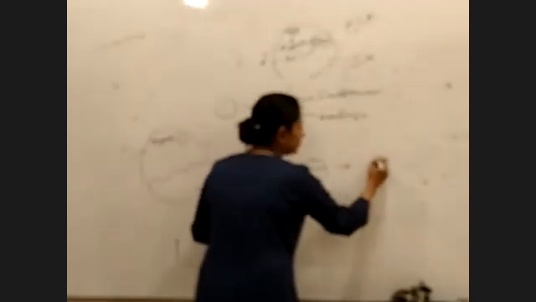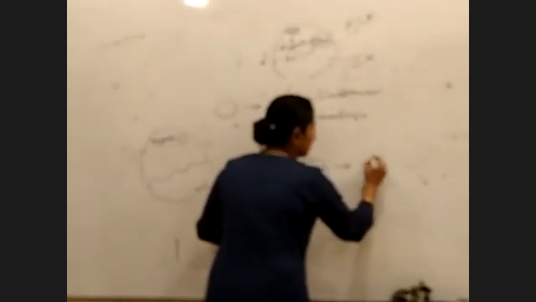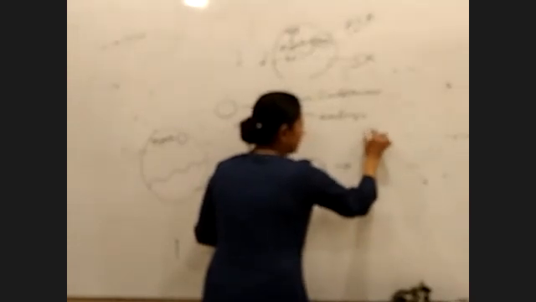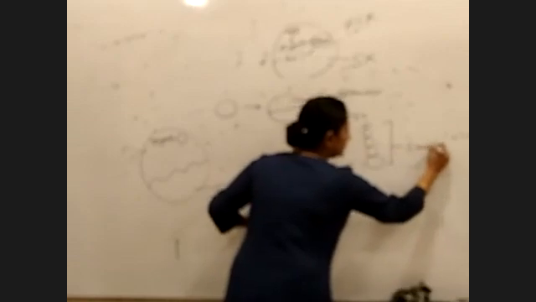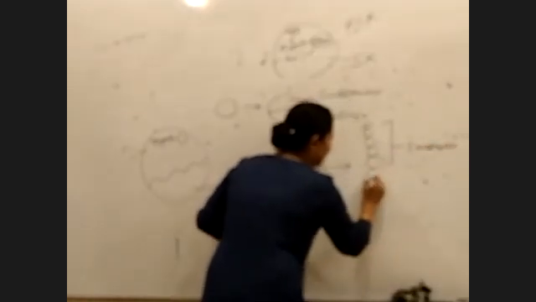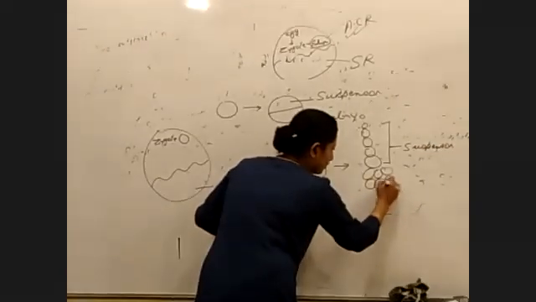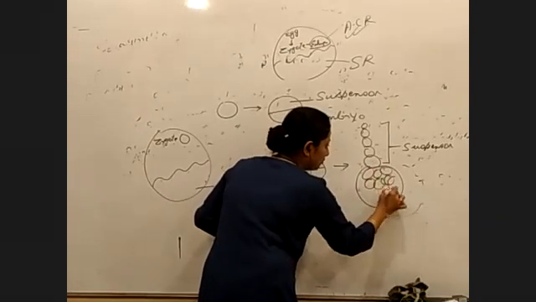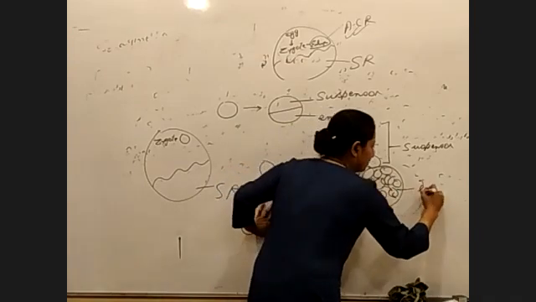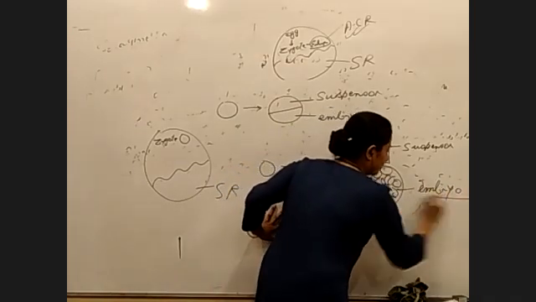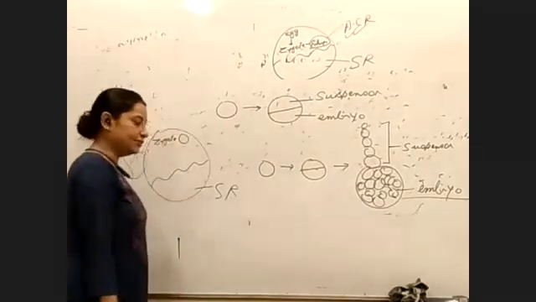The next structure to it will be something like this, a long row of cells forming. What do we call this? Suspensor. And below it, a collection of cells or a round structure forms. This is what is called the embryo. Is the concept clear?